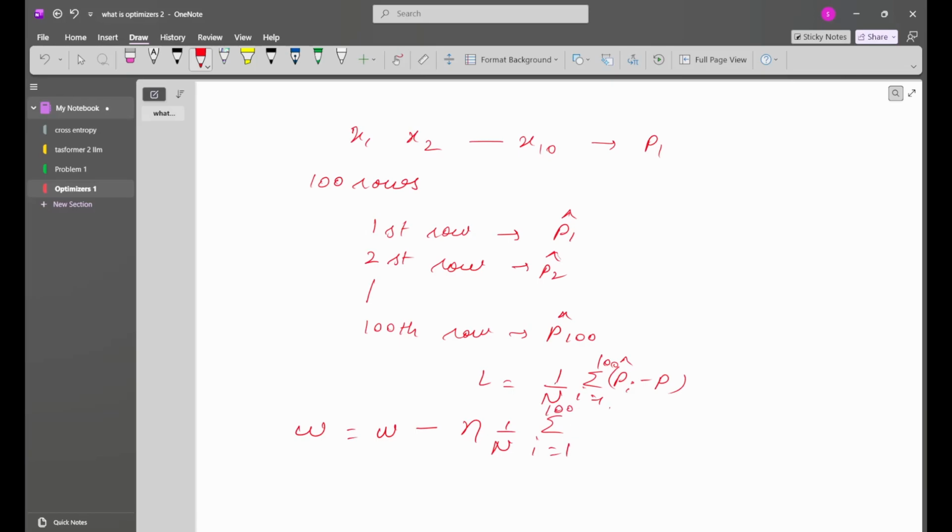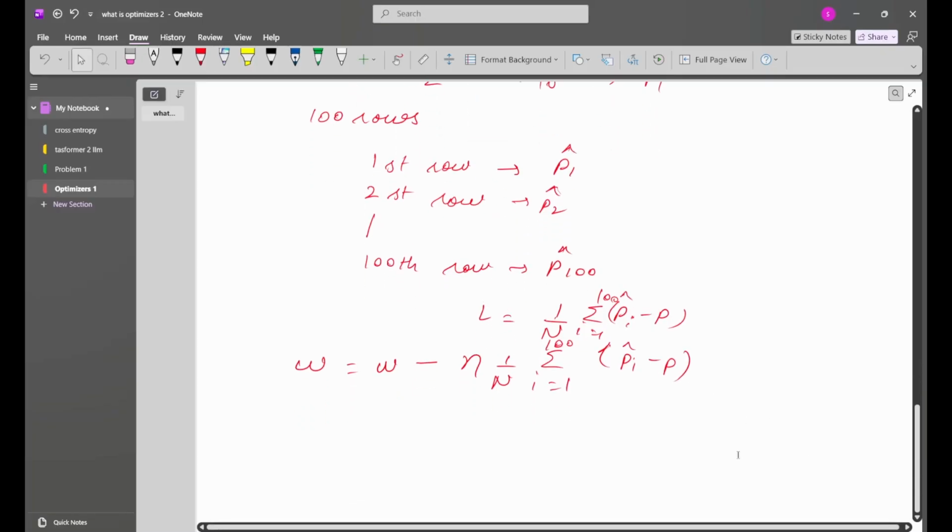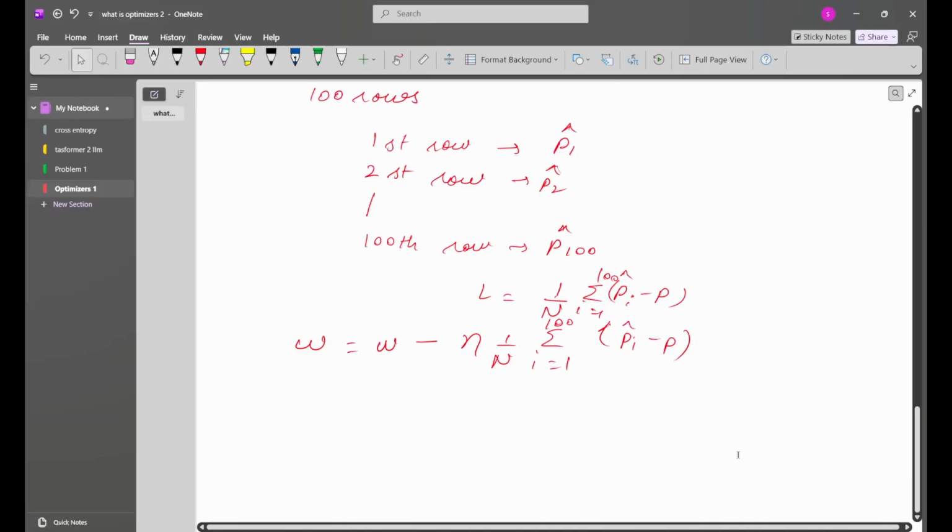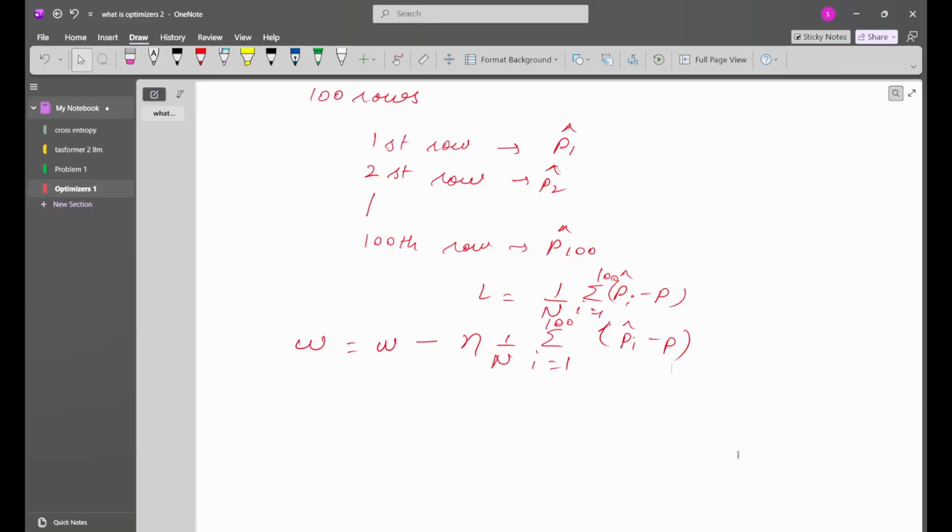So we use the same formula and then we update weights. The whole process is said to be an epoch. In the first epoch, all 100 rows are processed and we take 100 predictions, then we compute the average loss and update weights.